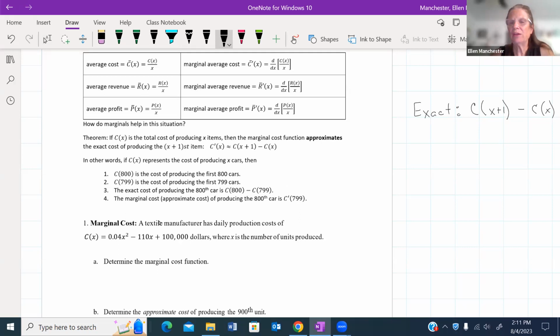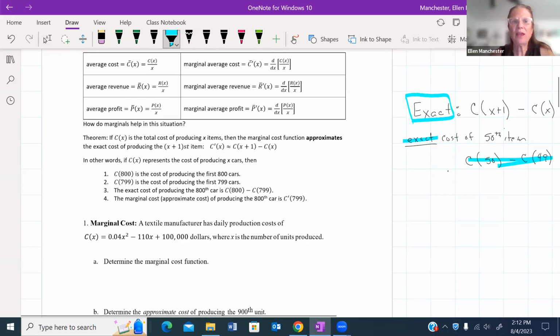In other words, if I'm looking for the exact cost of the 50th item, exact is going to be important, I'm going to do the cost of the 50th minus the cost of the 49th. That's exact. So let me highlight that. Okay, that's the exact cost.